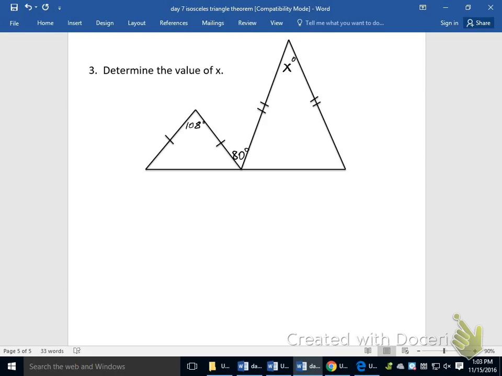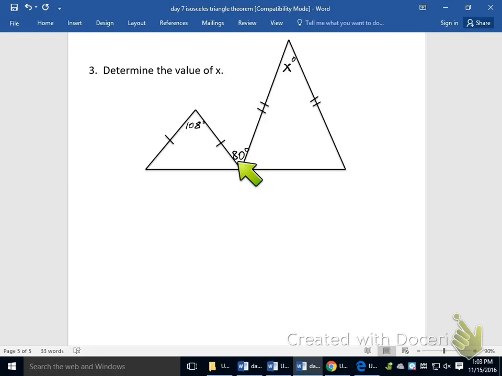All right, this is going to wrap up today's class on this. When I'm looking at this triangle, I'm actually able to do this by using that isosceles triangle theorem. That didn't come up on the last example, but it does right here. Since I have 108 degrees, I can actually make conclusions about this triangle over here. Not so much this triangle over here yet. I don't have any of the angle measures for it.